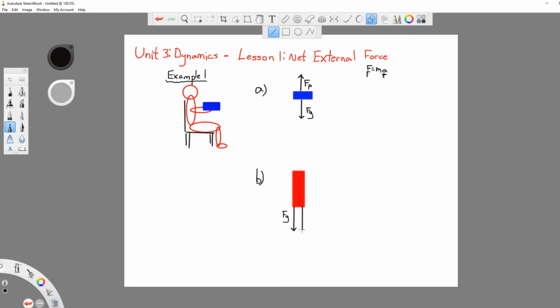So, in the downward direction, we have force of book. I think those are the only two forces that I see pushing down on the person. But let's get to the forces upward.